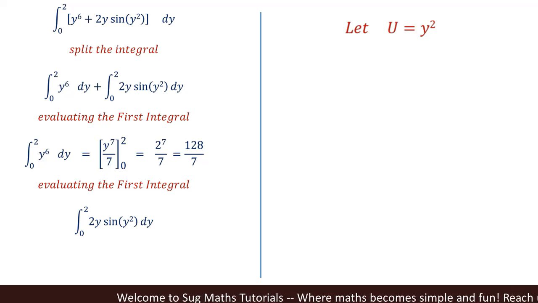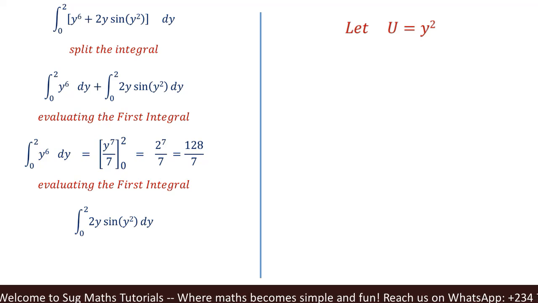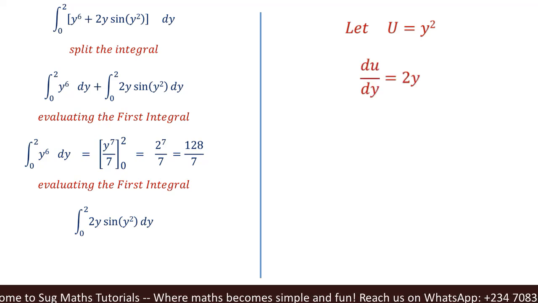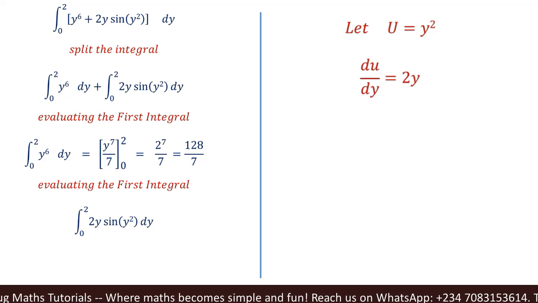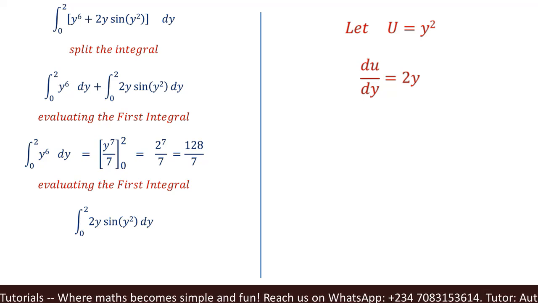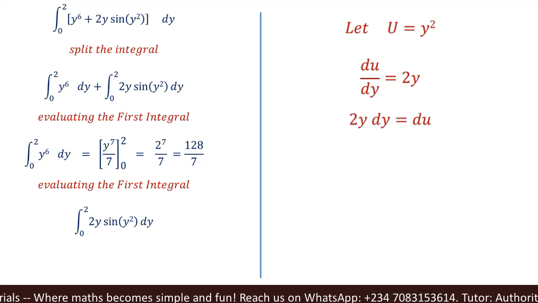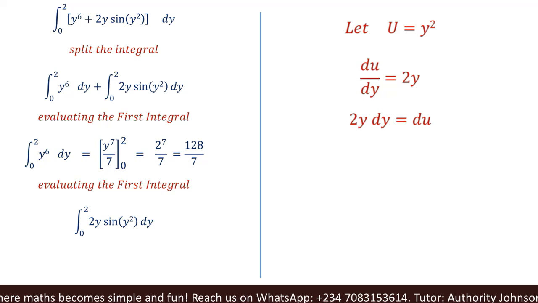So this y squared inside, let's call it a letter u. When u is equal to y squared, differentiate u with respect to y. We're going to have du dy. When we differentiate y squared, it's going to give us 2y, right? Cross multiply. We are going to have 2y dy is equal to du.